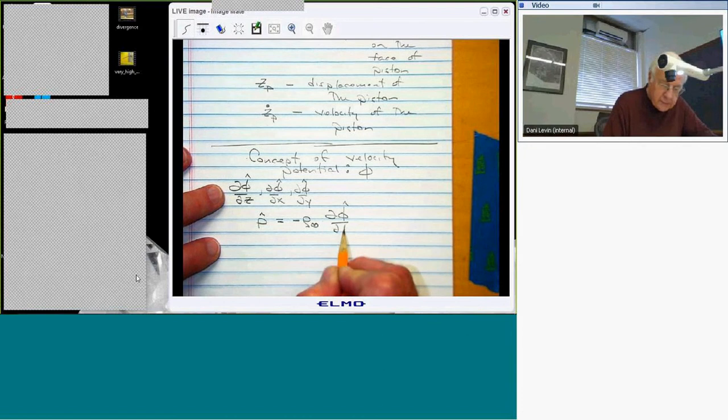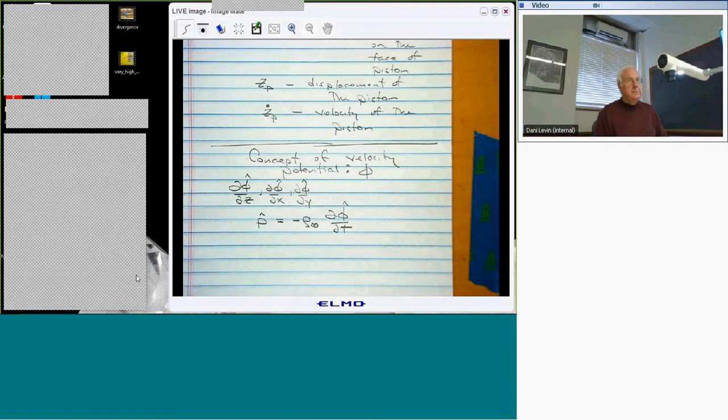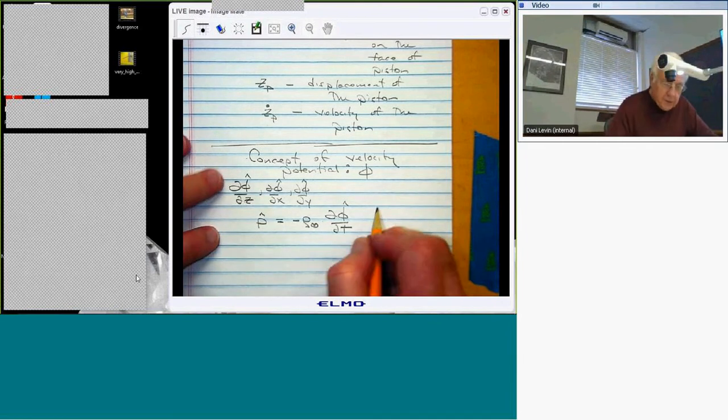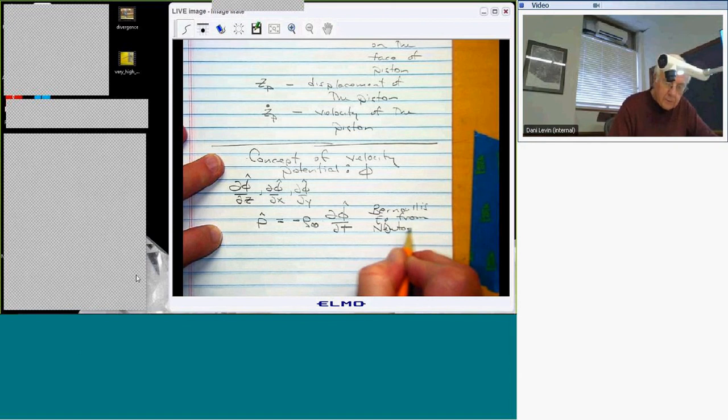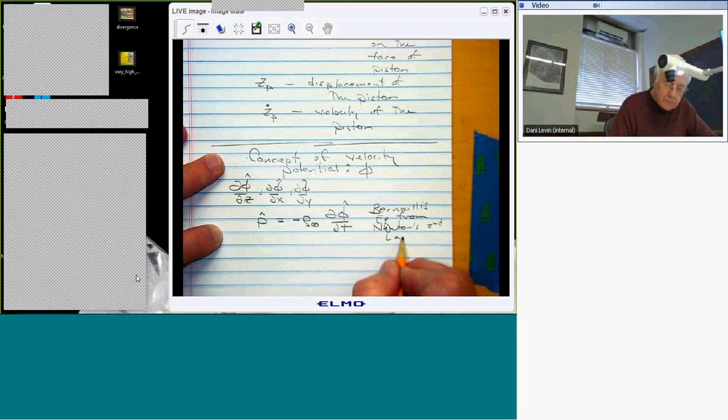So this is Bernoulli's equation, or one version of it, from Newton's second law. That's where it comes from.